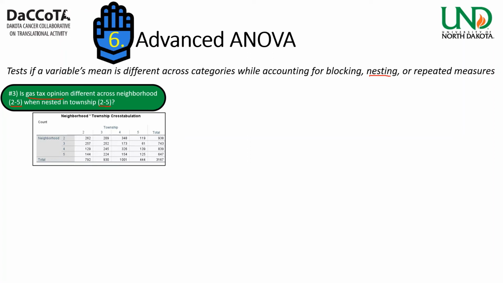I found the best way when we're looking at this sort of data is to make sure we have enough in all categories. You see neighborhoods 2 through 5, and then townships 2 through 5, and there's between like 61 and 260, 270 people per neighborhood in a township, so that should work.